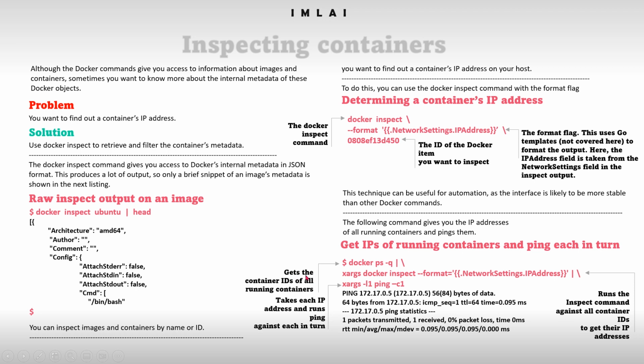The first line gets the container IDs of all running containers. Then it runs the inspect command against all container IDs to get their IP addresses. And the last one, xargs -L 1, ping -c 1, takes each IP address and runs ping against each in turn. Okay, I hope you got that.